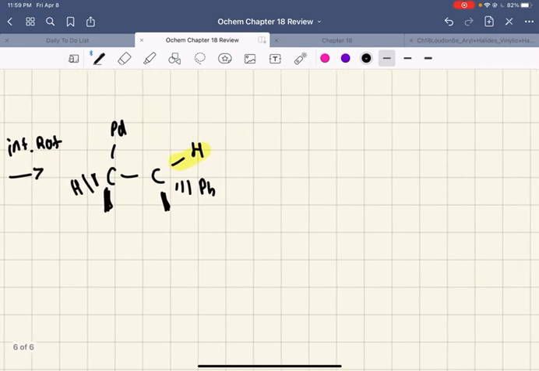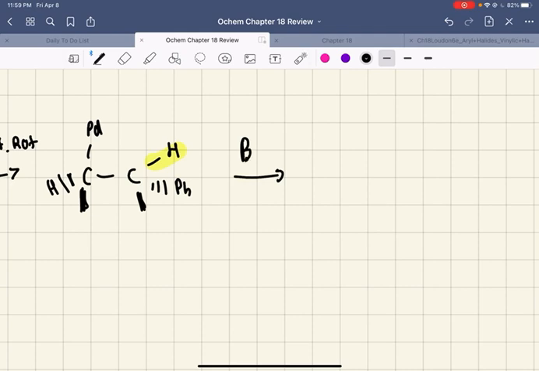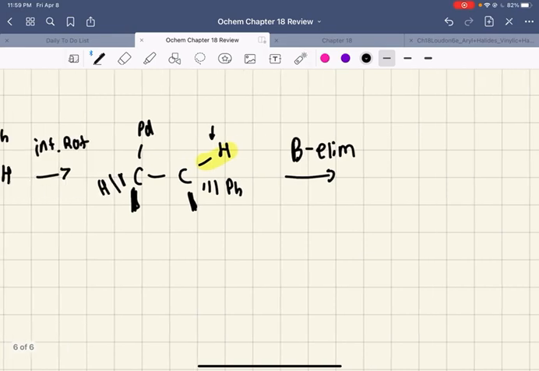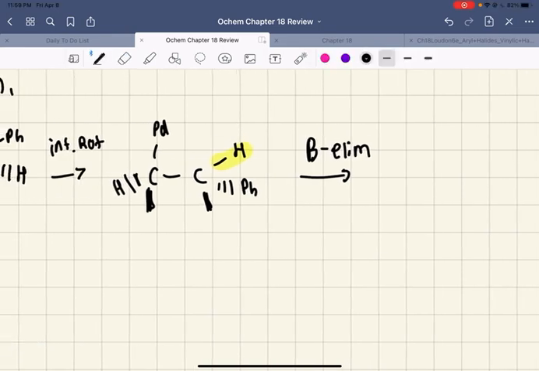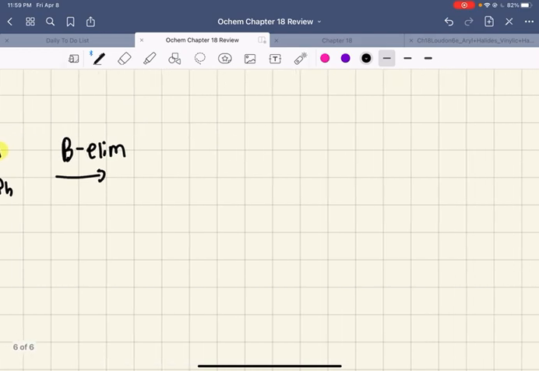Now this will undergo beta hydrogen elimination, this one here, in which this will occur. The double bond between the two carbons will be reformed, the Pd group will be kicked out, and the Ph group will be bound.